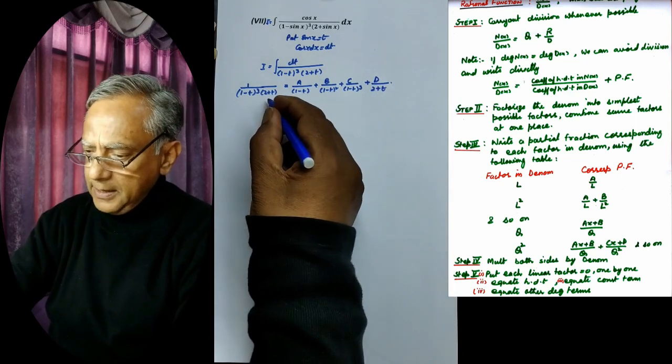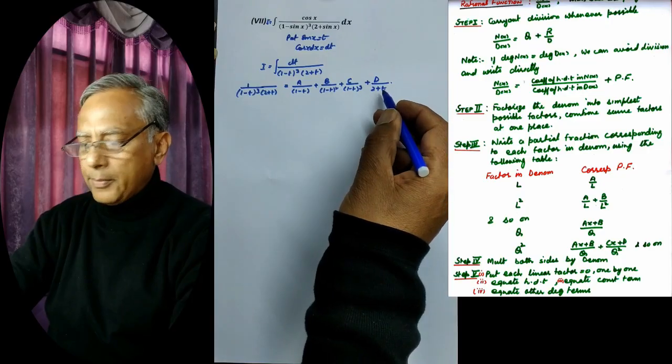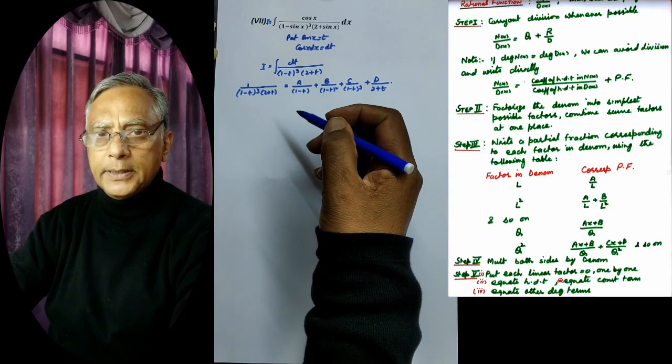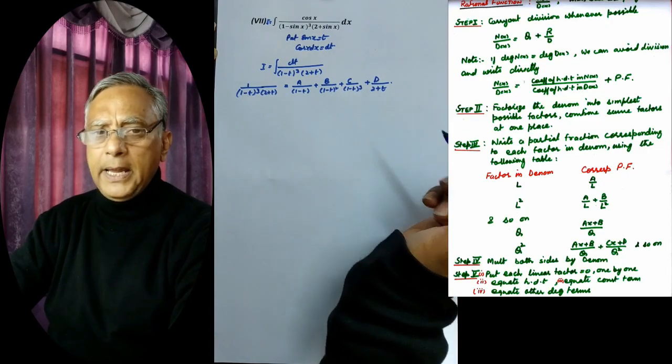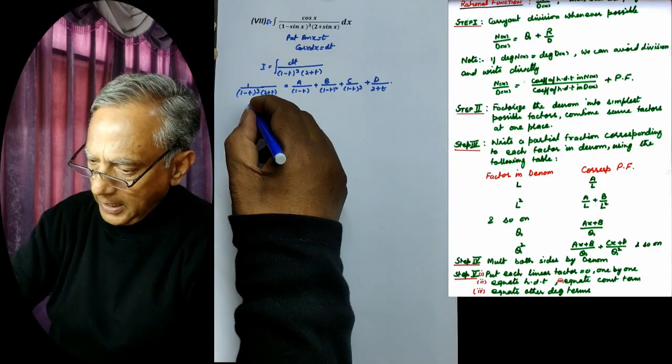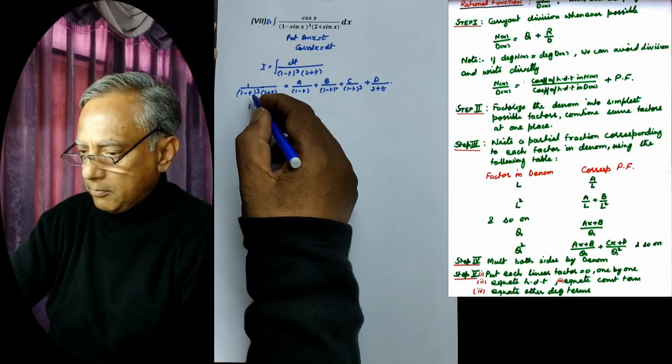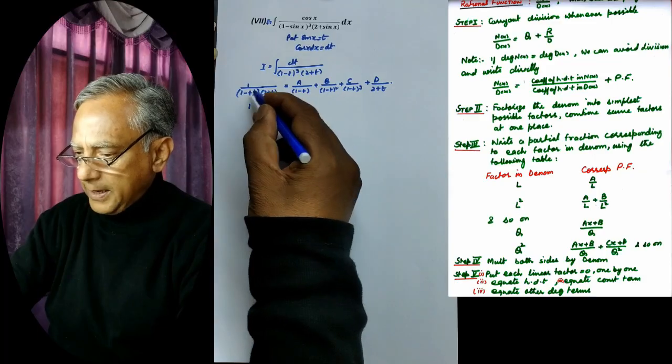Now next step is multiply by the denominator on both sides. We will have 1 is equal to, multiply by this. So 1 minus t will cancel.